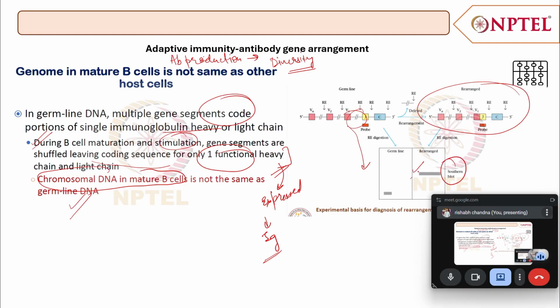So here we'll see a different band pattern as compared to the germline. Okay, so this is how we differentiate between the rearranged and the original germline DNA of the matured B cell.